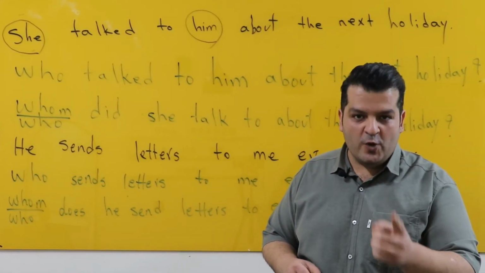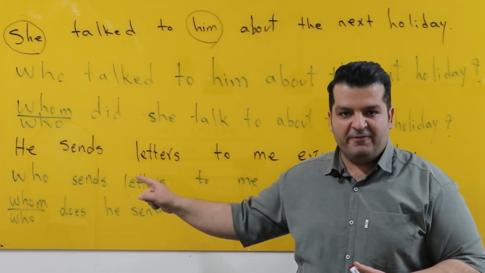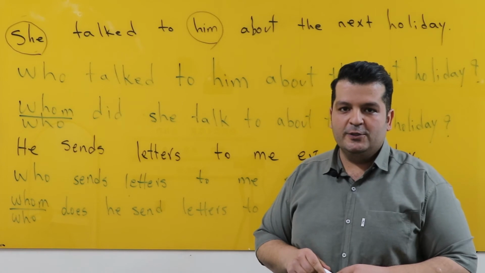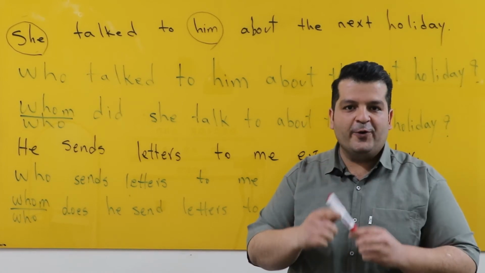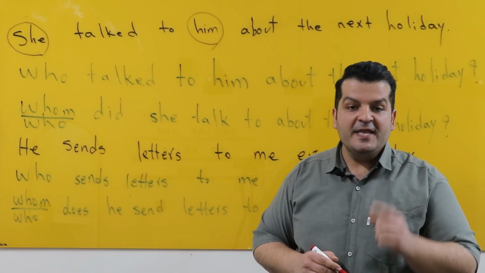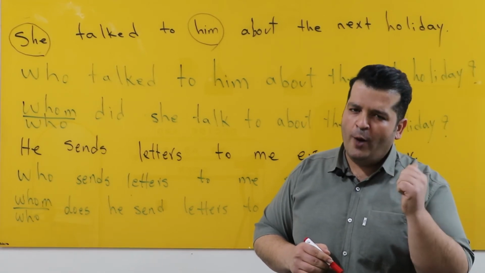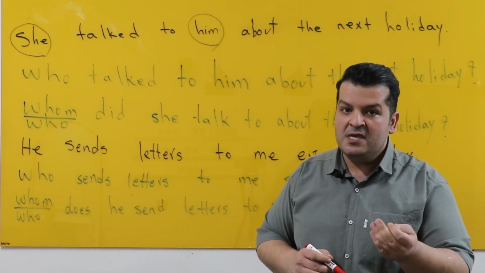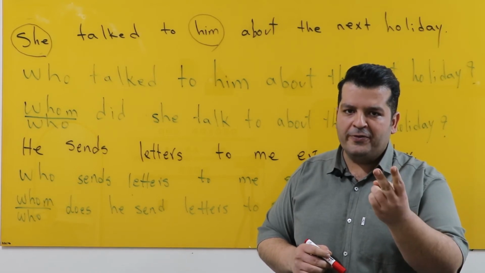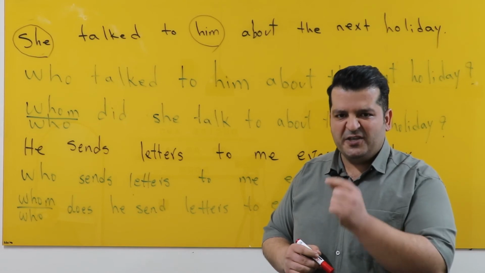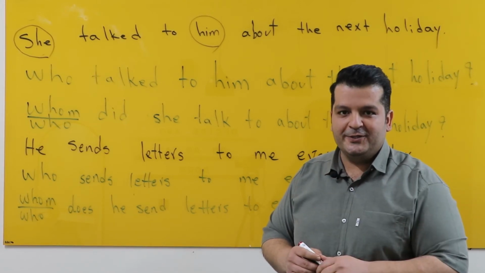Because I want to make a question for the subject of my sentence, my subject is absent, so there is no auxiliary verb, right? Now, if I want to make the question for the object of my sentence, which is me, I can use both who and whom, but this time, the subject exists in my question.